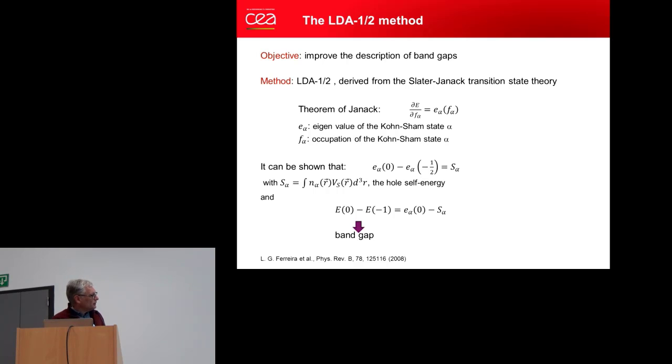And then if we calculate, thanks to the Janak theorem, for example, the difference between the ground state and the state where 1 electron has been removed, we can write like this. So this is more or less the band gap.